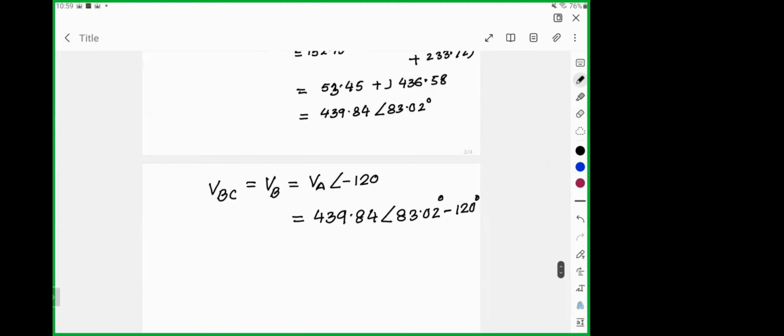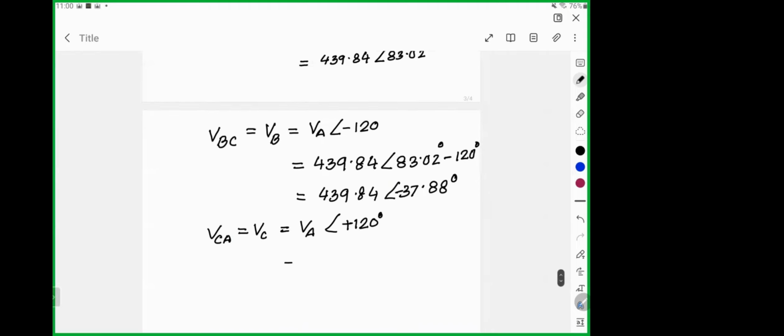Okay, so then this one will be 439.84 making an angle of, what is the angle now? 37 point minus 37.88. And then VCA will be doing the same. VCA is equal to VAB with an angle of plus 120 degrees.